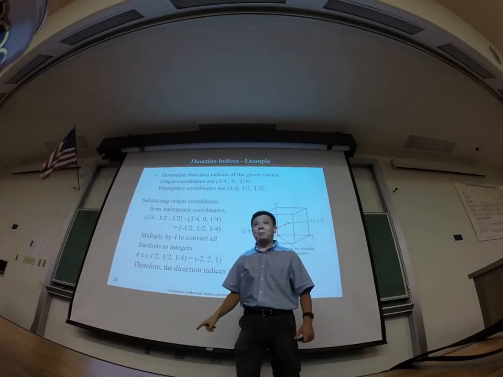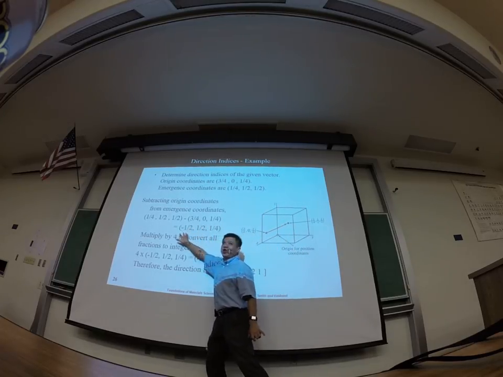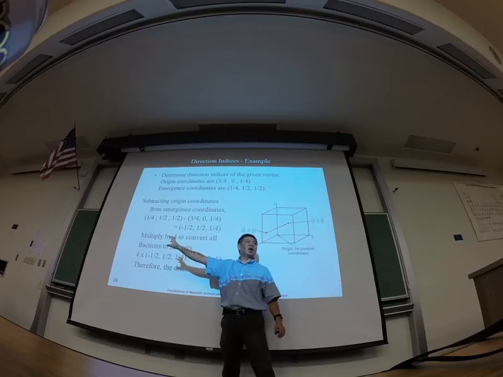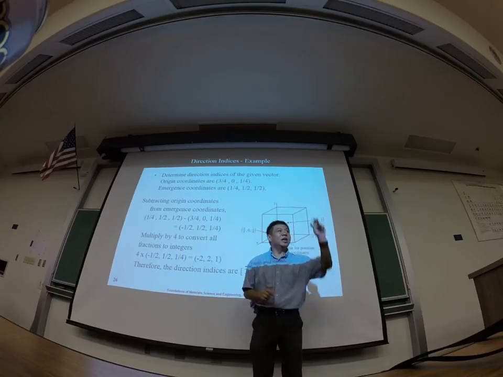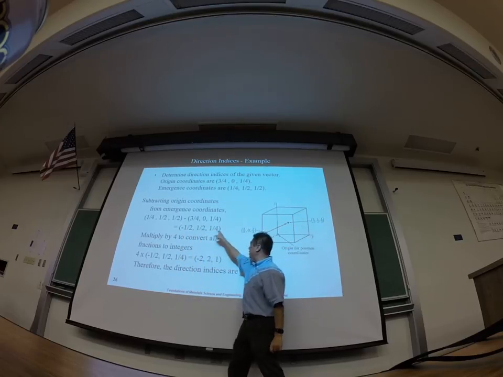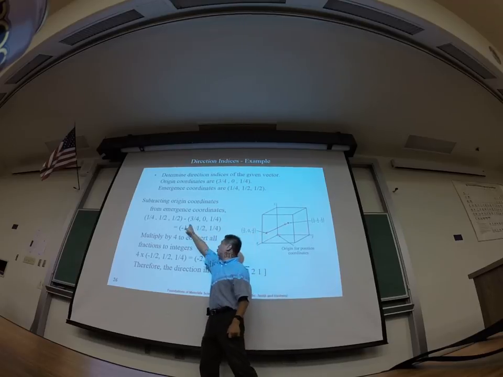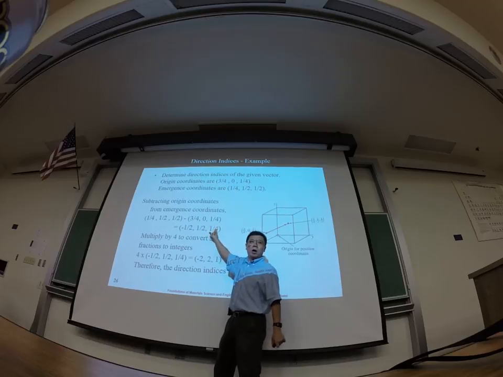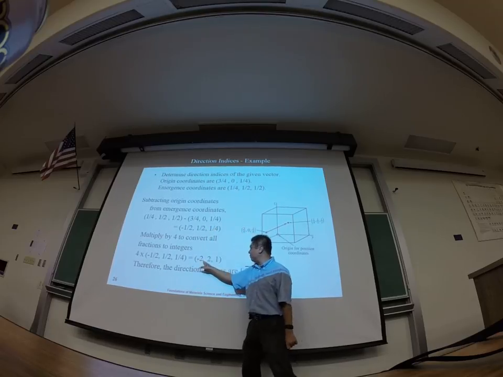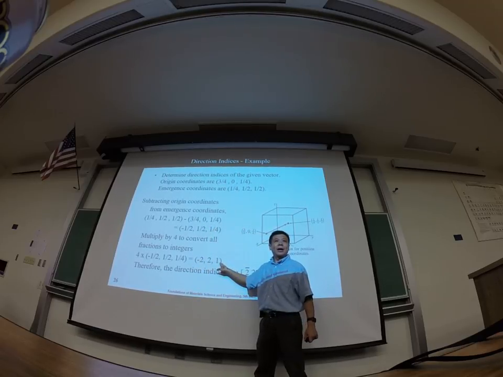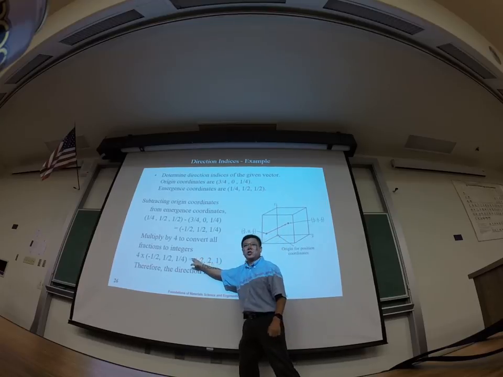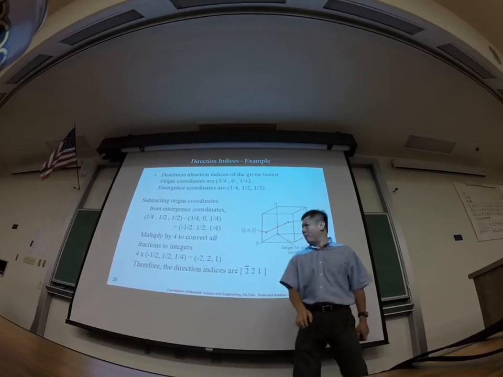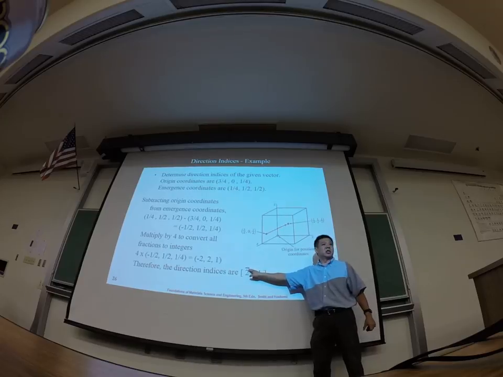The smallest number you can multiply this set of numbers by to get the smallest integers is 4, right? Multiply each number by 4. This produces -2, 2, and 1. To represent the negative numbers, we just write a bar on the number.